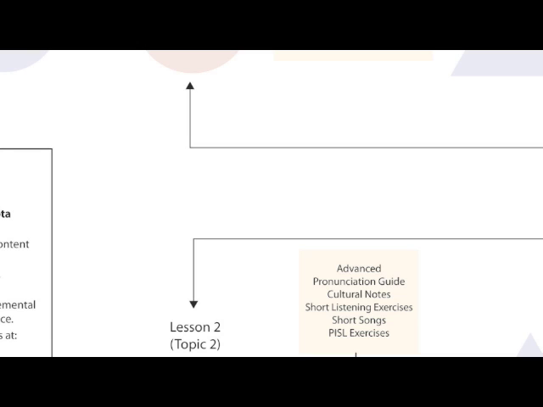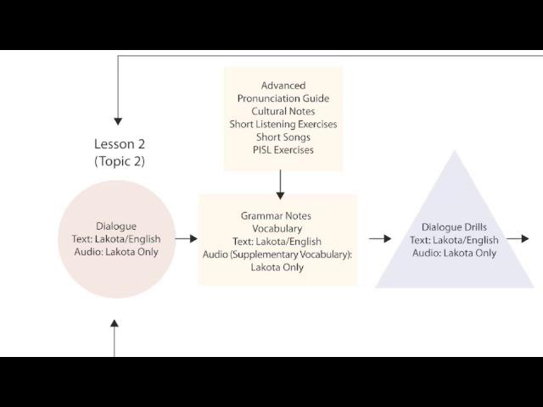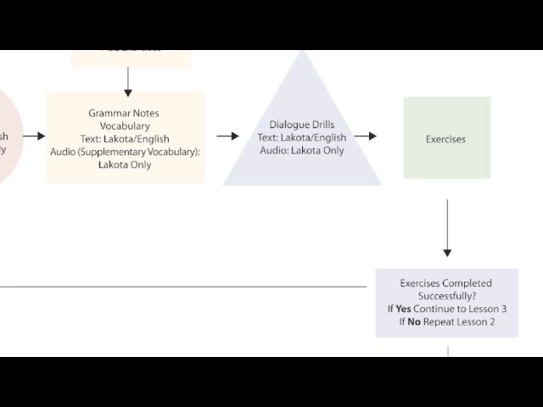So then lesson 2 is going to be another dialogue, a little bit more complex, with advanced pronunciation guide. You can have cultural notes, short listening exercises, maybe a short song, and again, grammar notes, vocabulary, and drills, expanding on that dialogue. And again, if you complete it well, then you move on to lesson 3, but if not, you go back and repeat it.